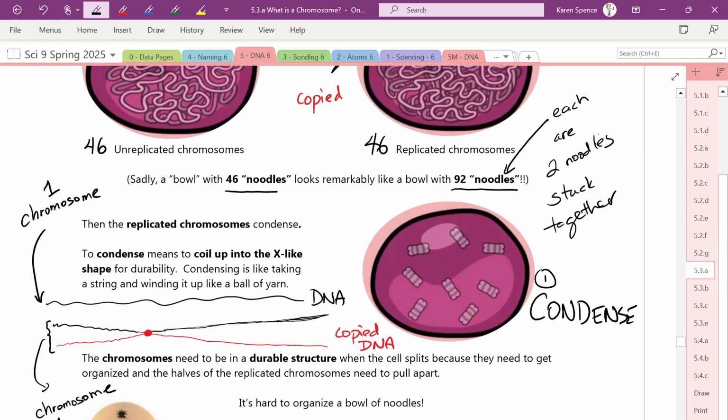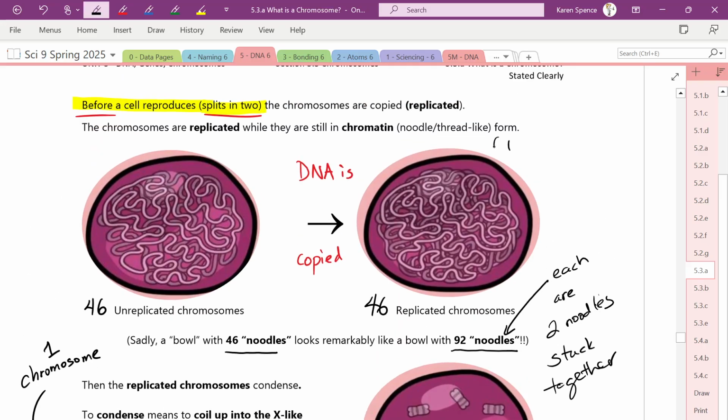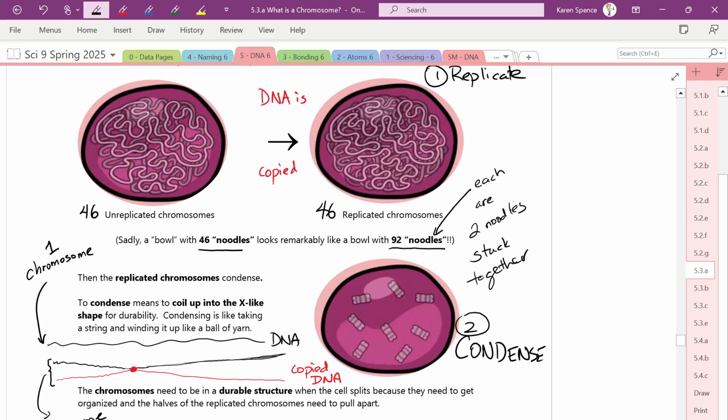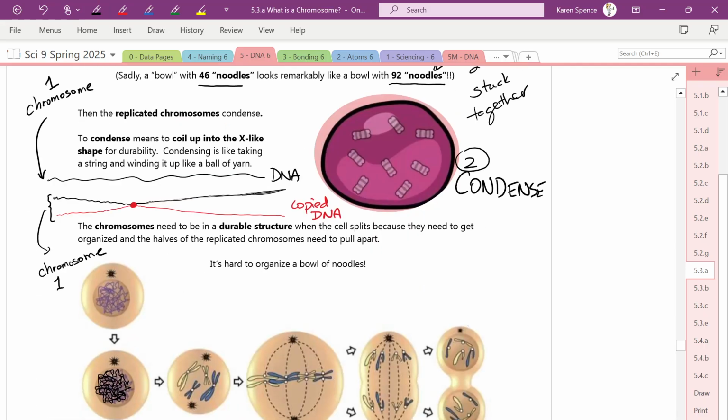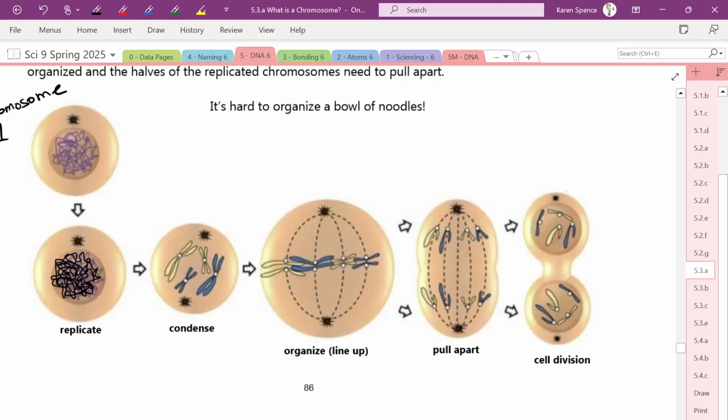So number one, they replicate. Number two, they condense. What do they do next? So they replicate, they condense, they line up, then they pull apart, and then you get cell division.